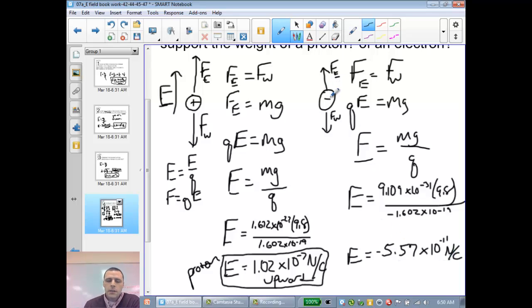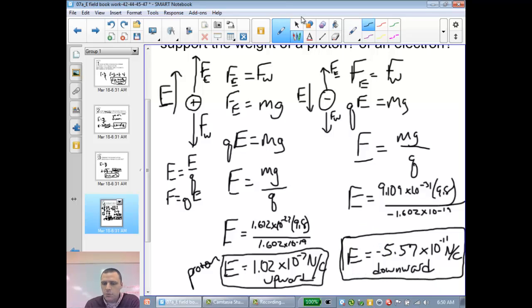The interesting thing about electrons is that they feel a force opposite the field line, so the electric field should actually point down as opposed to up for the proton. The electric field should point downward for the electron if you want an upward force, and that is seen by the negative value. Once we have the downward direction, we can take out the negative and think of it as an absolute value, and then we write a direction. So there are your answers to number 47.